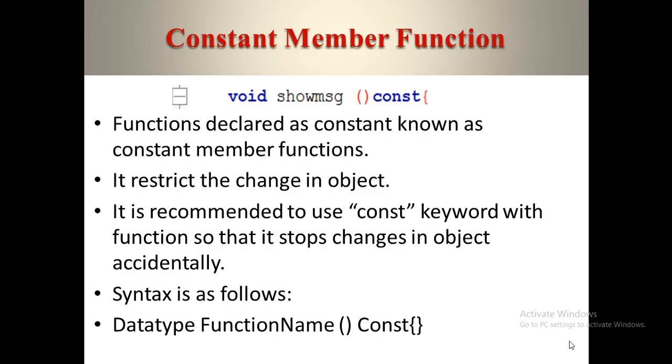And next is the function name, and then the parenthesis, and after that you will write the keyword constant to tell the compiler that it's a constant function, and here it will stop making changes in the object. This is a read-only copy. You cannot modify the value of object. So it's only a read-only copy. And after that, the curly braces in which we will define the body of the function.